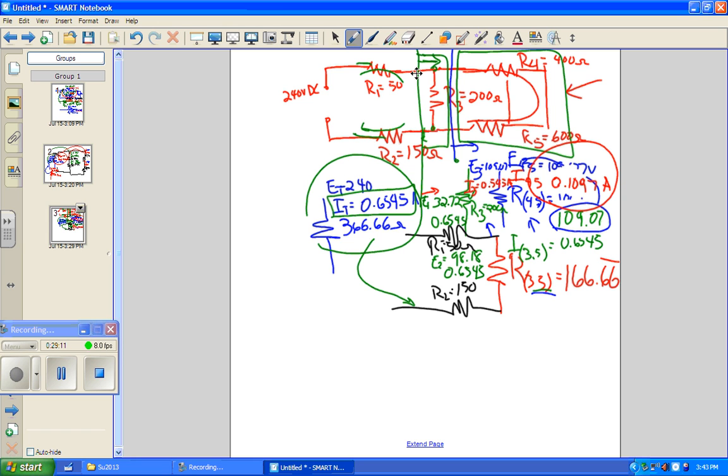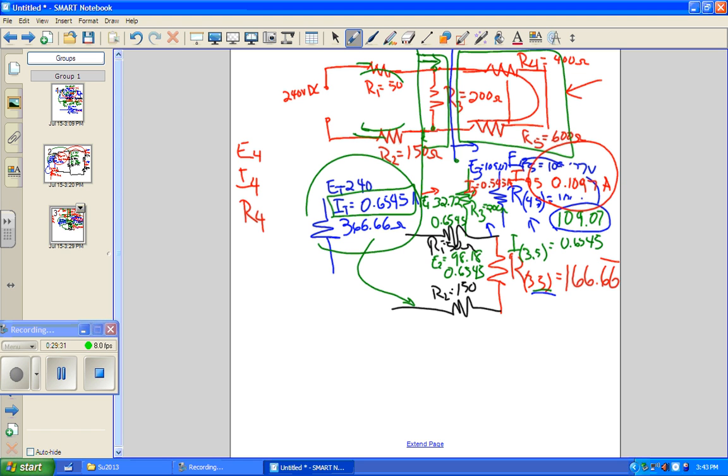Okay. What I can do is right over on the other side. So this is a series branch. So it's going to divide what? The voltage, right? And it's going to divide up 109 volts, right?